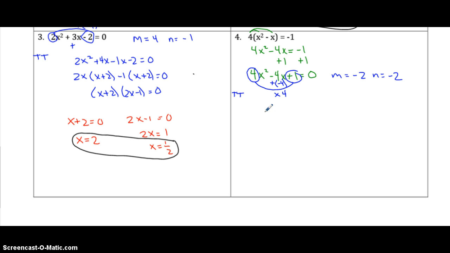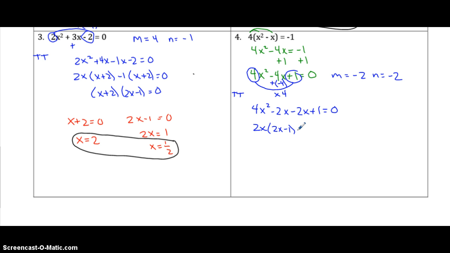So, using decomposition, 4x squared minus 2x minus 2x plus 1. Common factor the first two, 2x, and you're left with 2x minus 1. Common factor the second two.